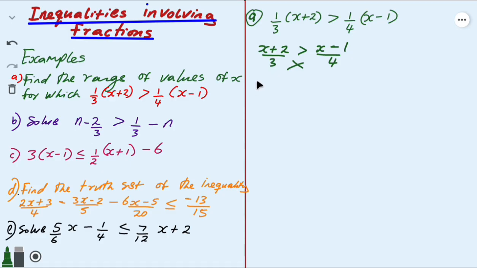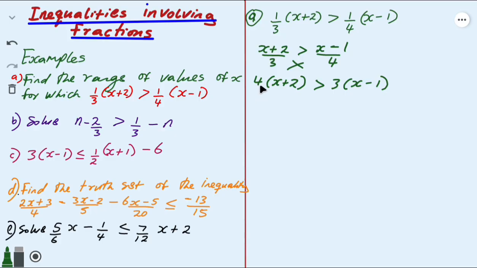So let's cross multiply. If you cross multiply, I'm going to be having 4 open bracket x plus 2 close bracket greater than 3 open bracket x minus 1 close bracket. Now we've just multiplied this term by the denominator given to us in this expression instead of finding the LCM.